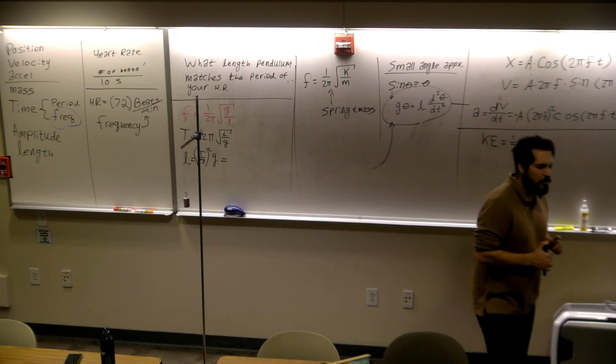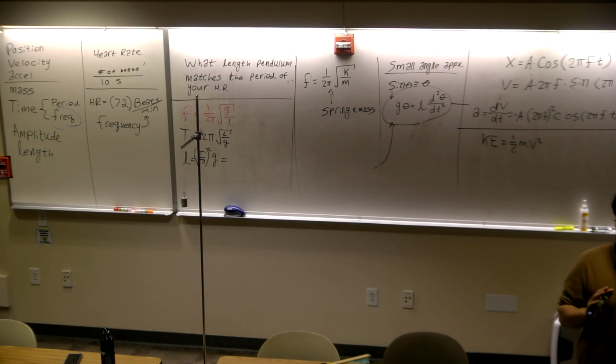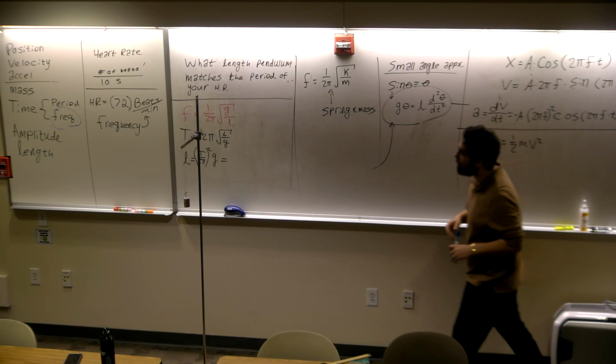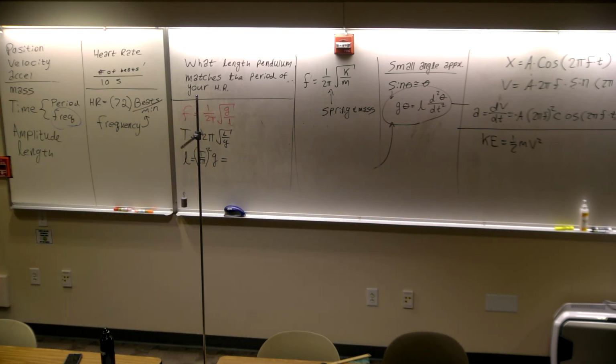Plug in your values, and you should end up with something around 20-ish centimeters. Is that right? Did I do my math right? Let's get a sampling. Who wants to share the length that matches the period of their heart rate? Does anybody want to share the length that they found? I'll give you a little longer.